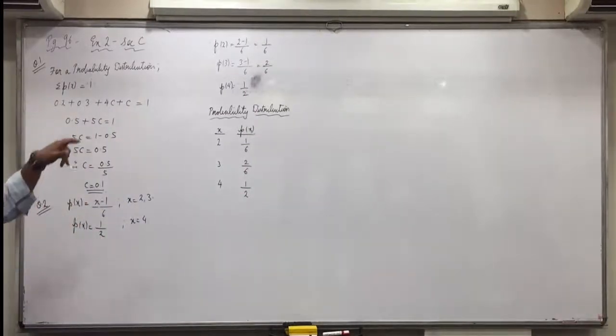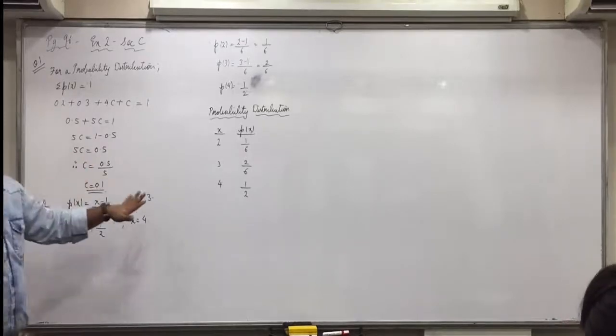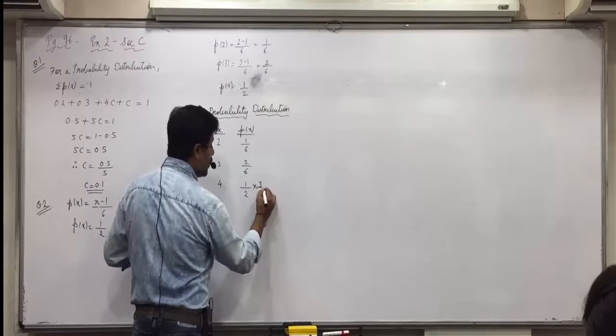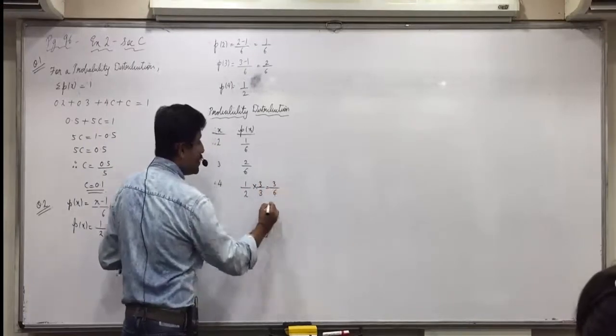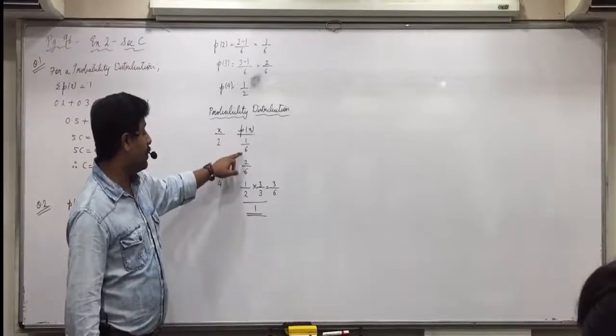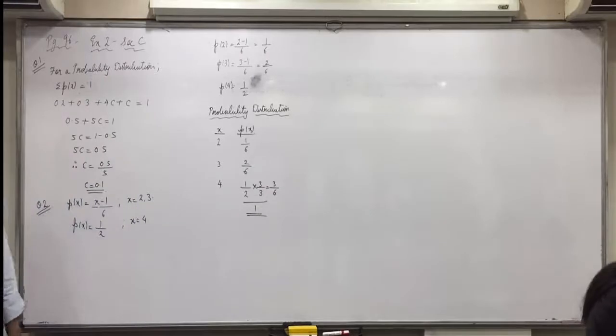Now we discussed that in probability we should make the denominator equal. So this 1 by 2 we multiply by 3 by 3, it becomes 3 by 6. You can cross check, the total must come to 1. 1 plus 2 is 3, plus 3 is 6. 6 divided by 6 is 1. Is everyone clear with this last portion?